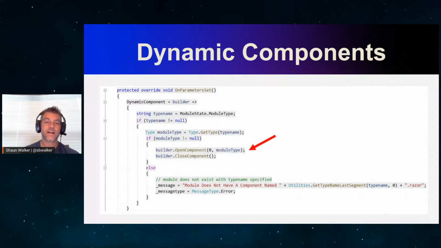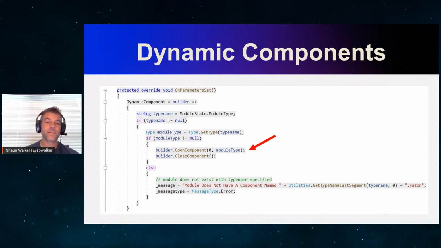Dynamic components. Most of the examples you'll see from Microsoft, at least in terms of their documentation or their templates, are all based on very static examples where everything is hard-coded, meaning like the examples that I just showed, your routes are hard-coded in your Razor components, your tags are hard-coded. That's not always what's needed when you're building a more robust application.